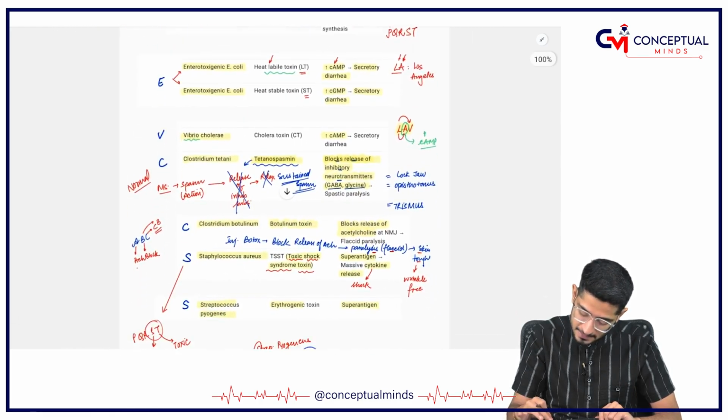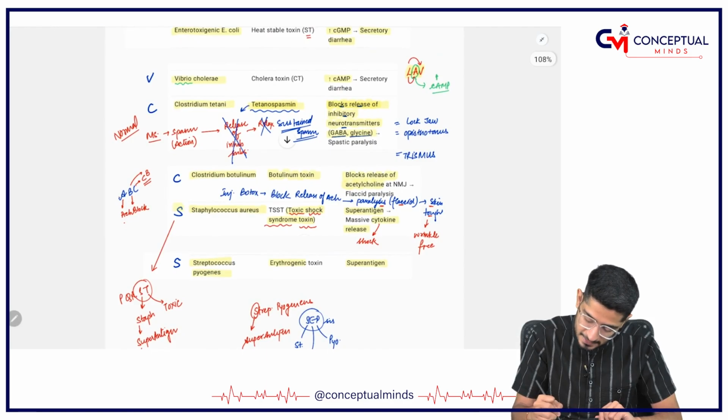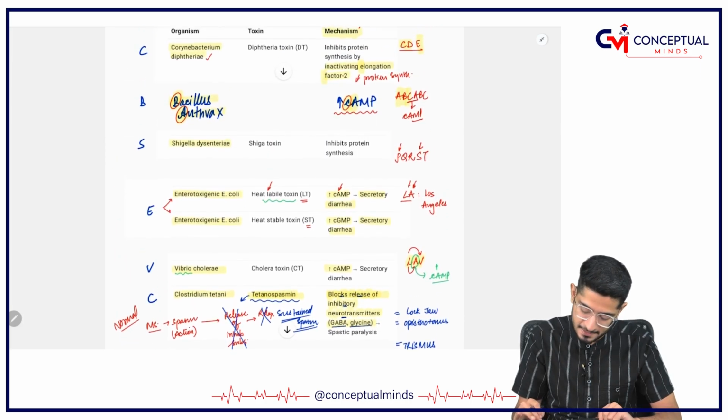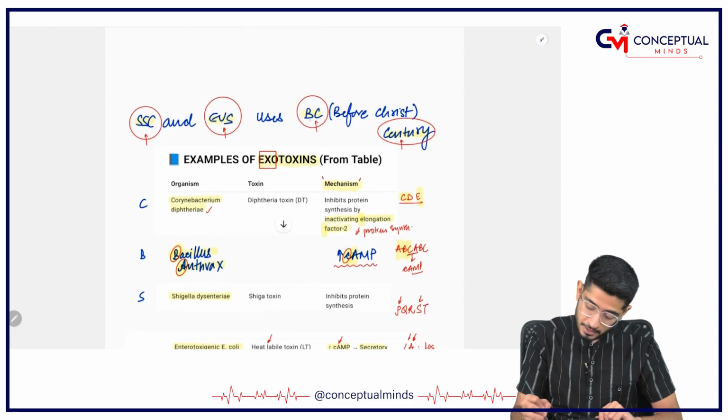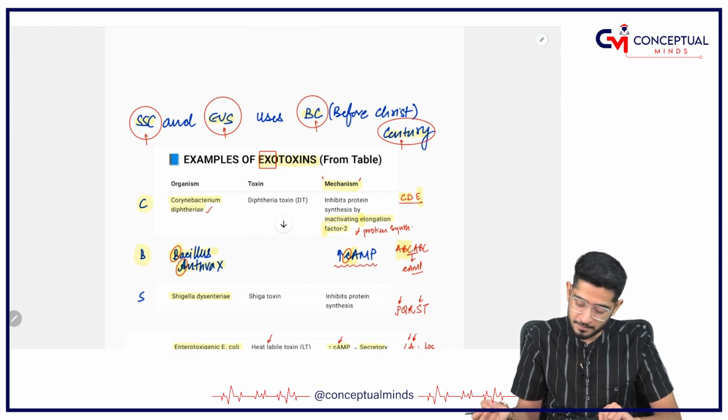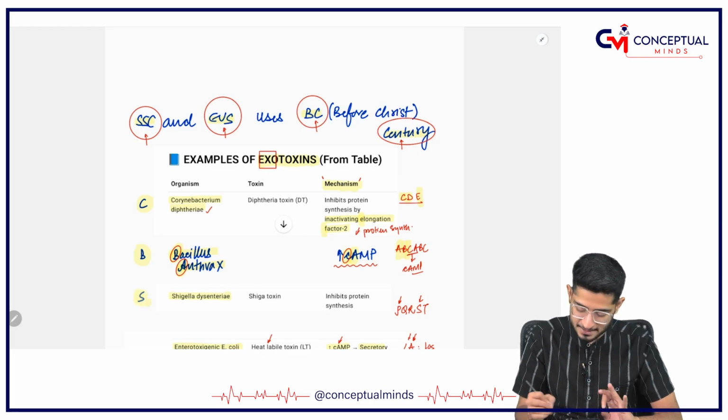SSC: Staphylococcus aureus, Streptococcus pyogenes, Clostridium botulinum. EVS: E. coli, Vibrio cholerae, Clostridium tetani. Uses BC century: B for Bacillus anthracis and C for Corynebacterium diphtheriae. And one more S is there, Shigella.